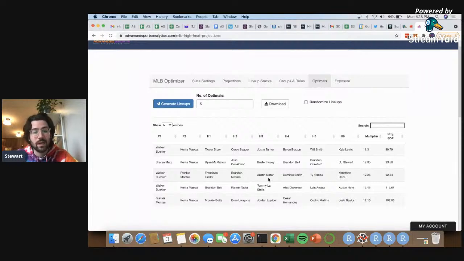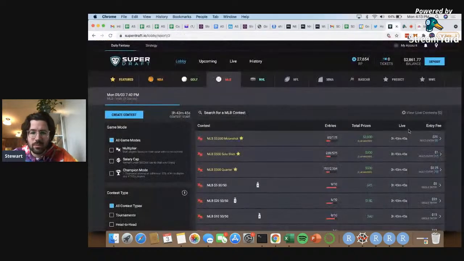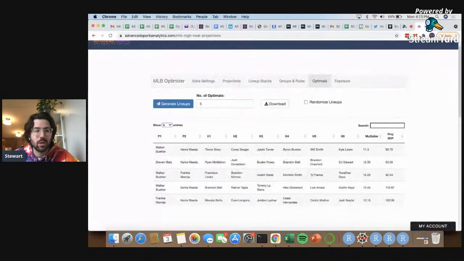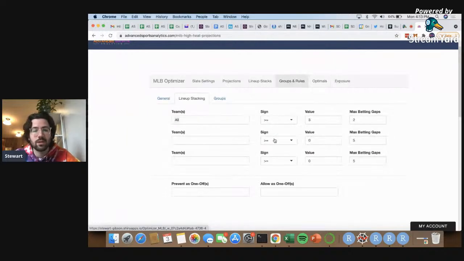Batters at the top of the batting order have high projections, so naturally there's going to be some inherent bunching that occurs. But if you're building at scale, up to like 70 lineups, I think the quarter tonight on SuperDraft has a max of 70, and you're not promoting some degree of bunching, you are going to get some overly sparse stacks that you might want to avoid. So I like doing that.